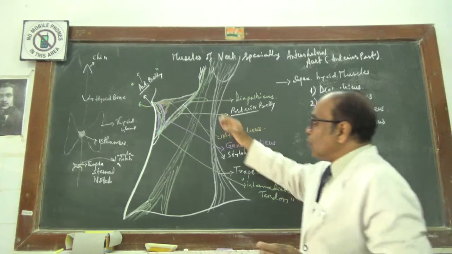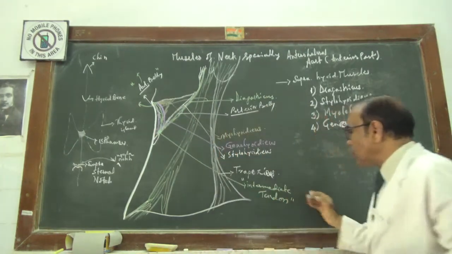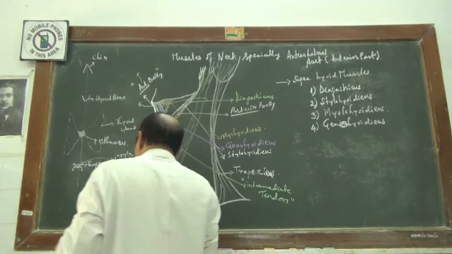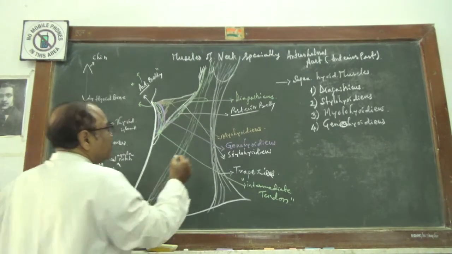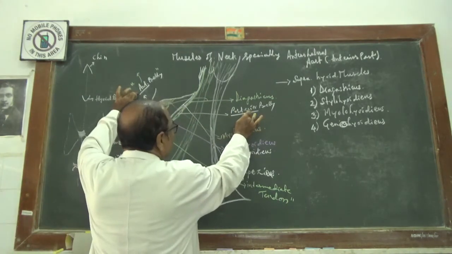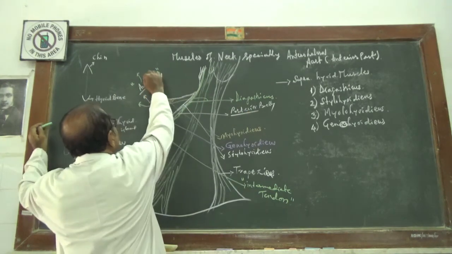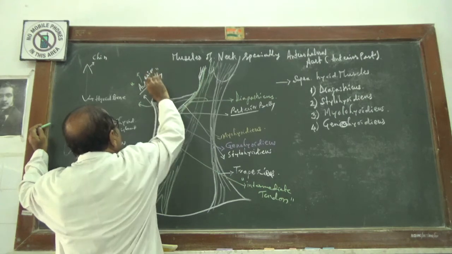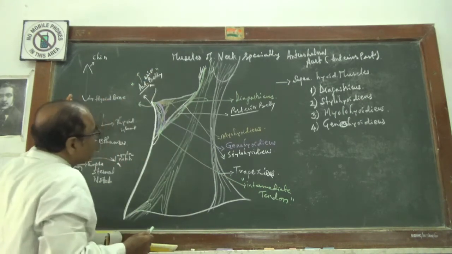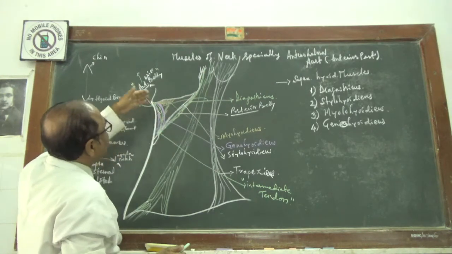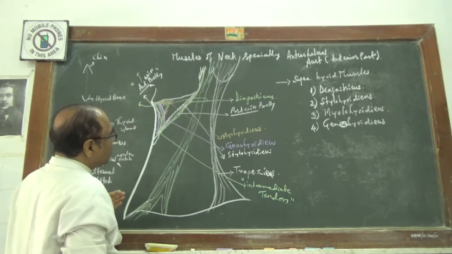Understanding? So when it forms one tendon, the intermediate tendon. Now this digastric muscle has two bellies, one is the anterior belly and another is the posterior belly. The posterior belly is much longer than the anterior belly.